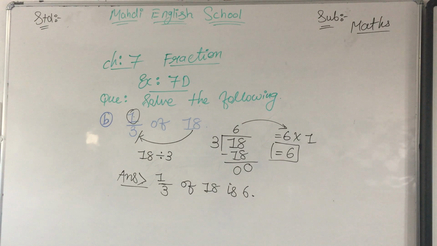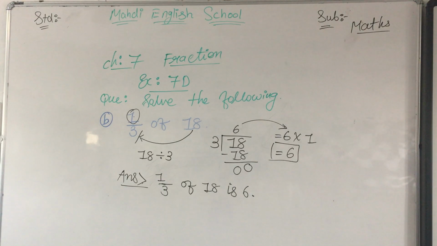Okay, now note down these sums in your book. I'll give you 2 to 3 minutes. Then, my dear students, we move on to question number C. Okay, so you just try question number C. Don't forget to write 18 divided by 3.